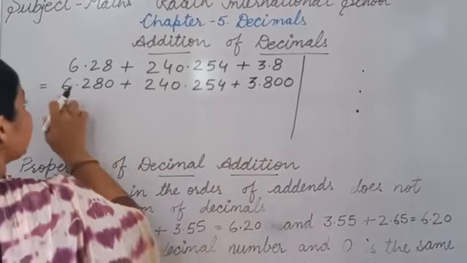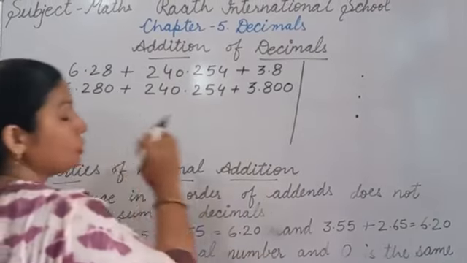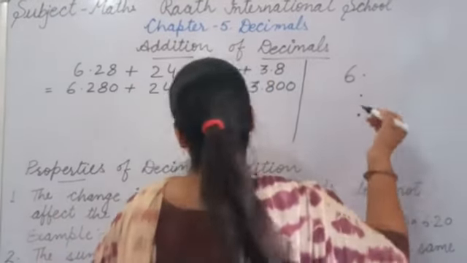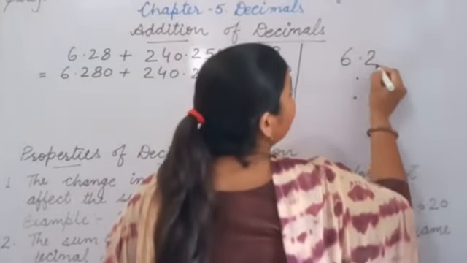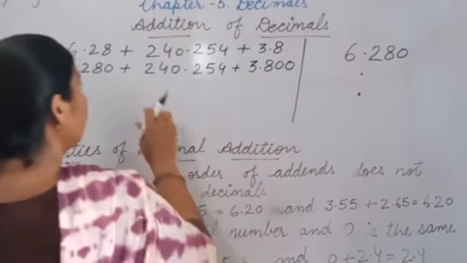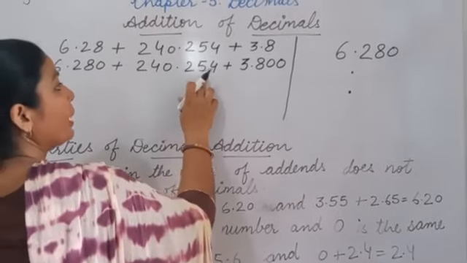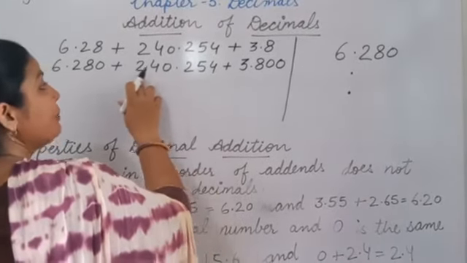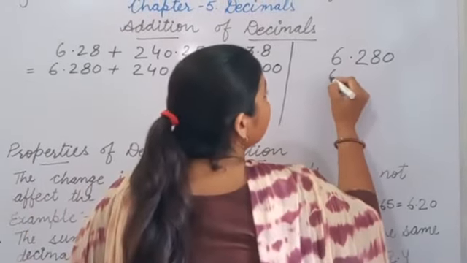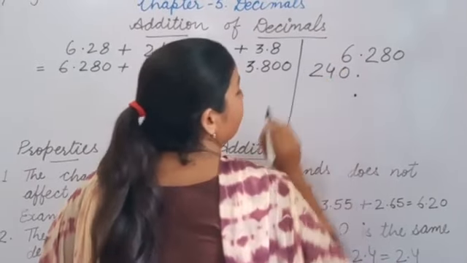Now the first number is 6.280. So in the whole part we have 6. Okay, and after the decimal we have 280. Now next, 240.254. Before the decimal we have the whole 240. So in the ones column there is 0, in tens 4, and in hundreds 2.